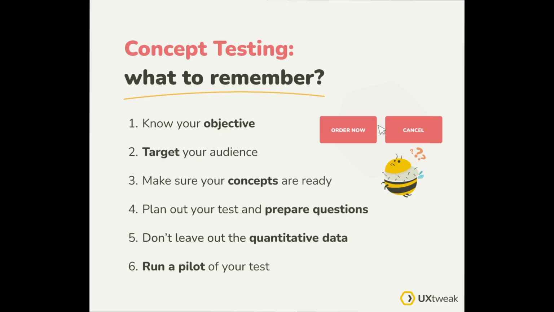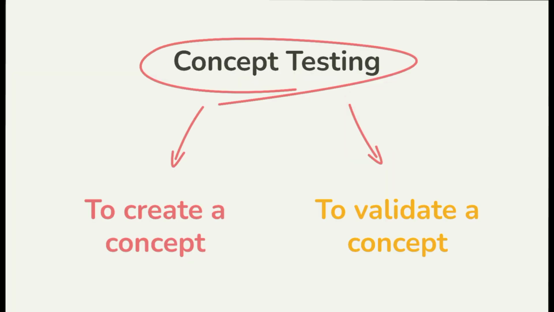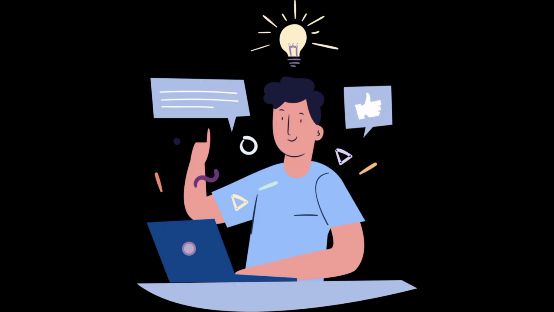So concept testing is giving users a rough idea of a product or service in order to understand if they would want or need such a product or service. So concept testing is a process of using surveys to understand customers' acceptance of a new product idea prior to the introduction of the product to the market.